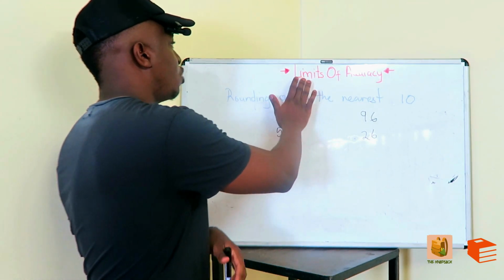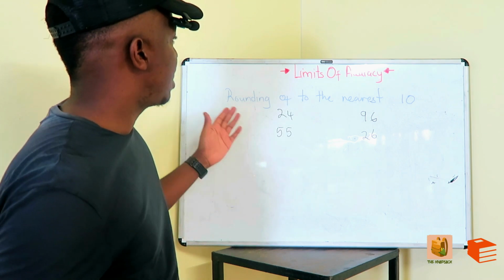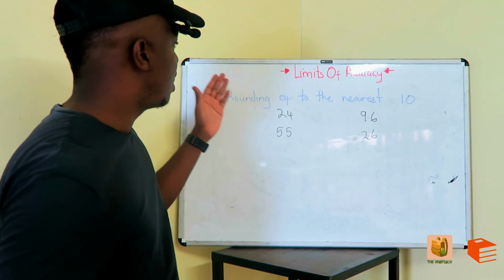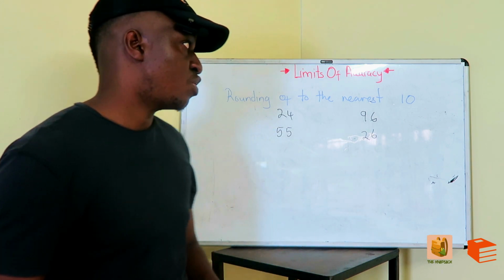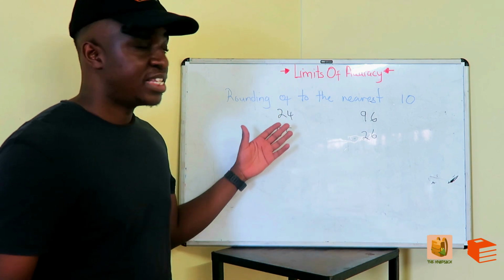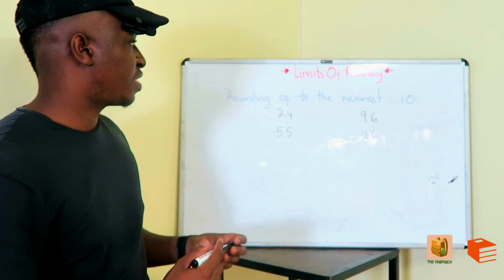Now, if you look over here, that's what we are doing, limits of accuracy. And right now I've written on the board, rounding off to the nearest 10. What does it mean when you're saying rounding off to the nearest 10? Like I said, these are some of the weird numbers, which are just too specific.